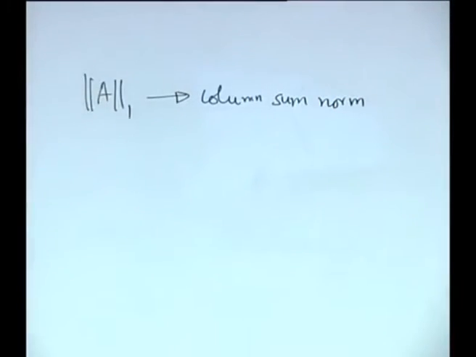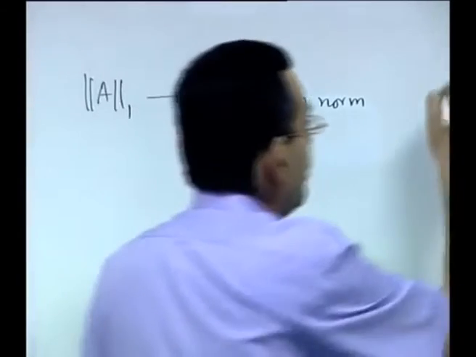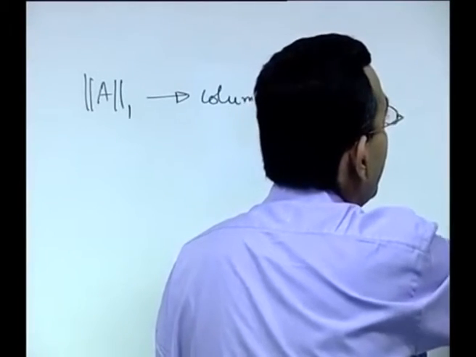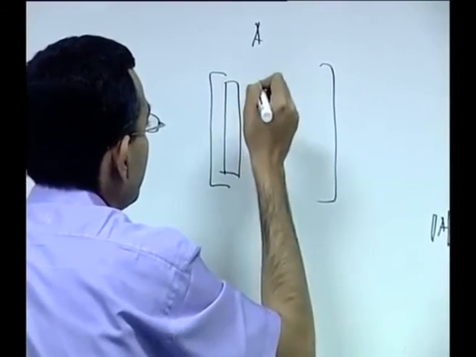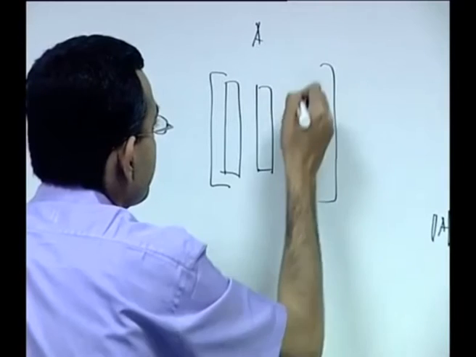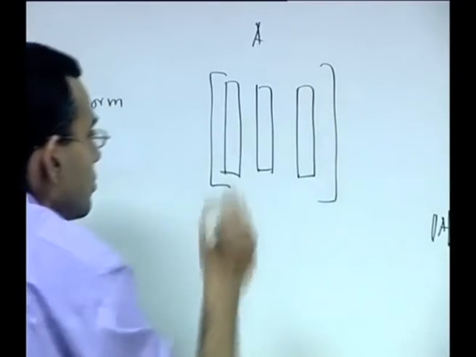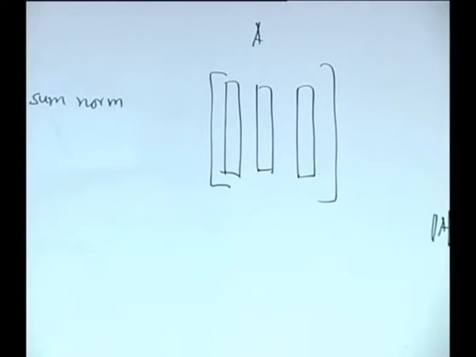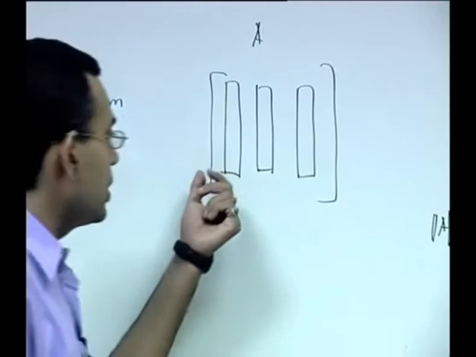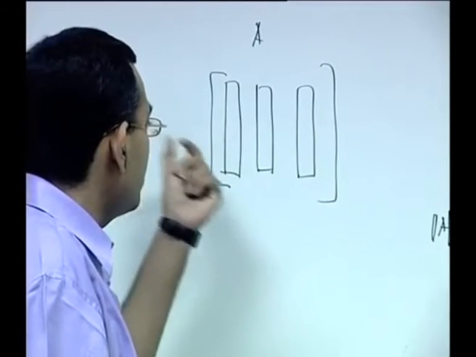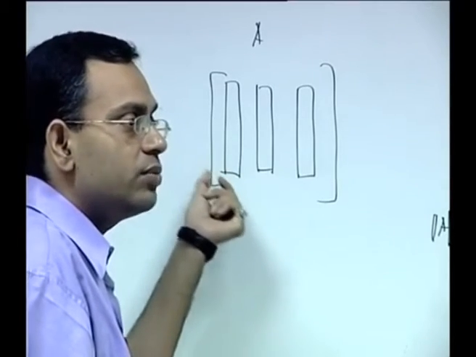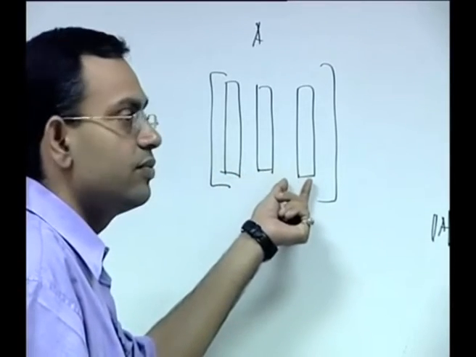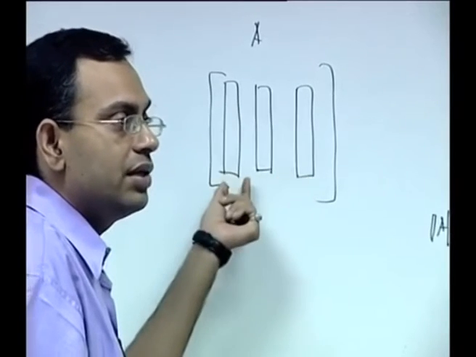If you have a matrix A, you find the norms of the vectors which are the columns of this particular matrix.